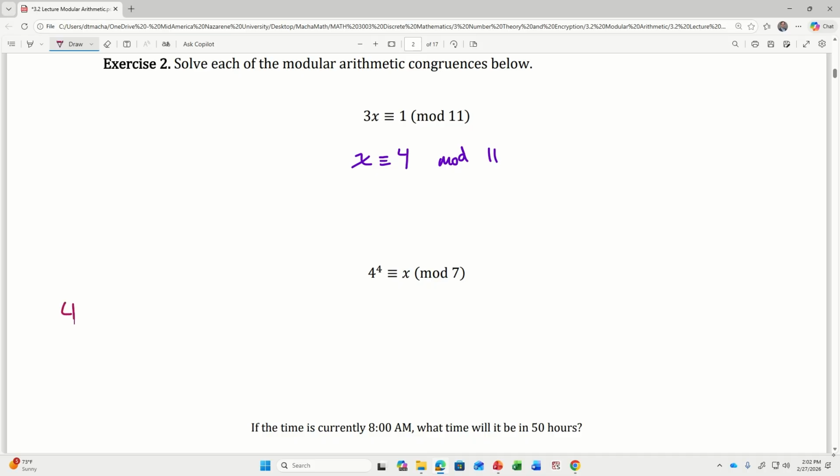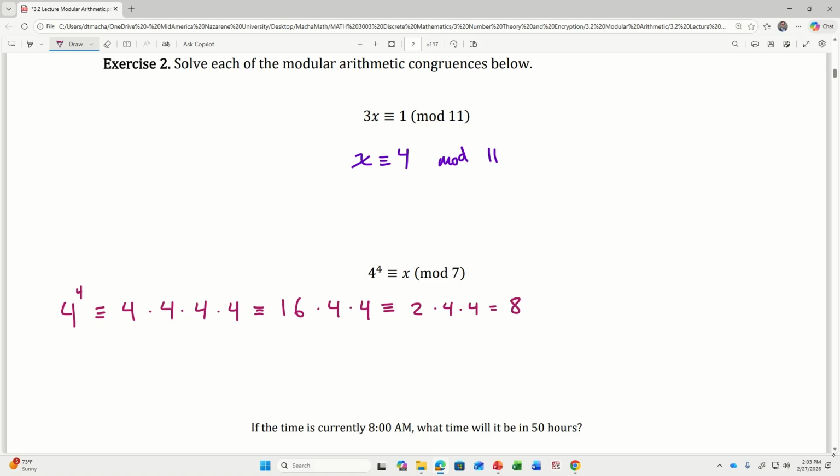Instead, I would think of 4 to the power 4 as being 4 times 4 times 4 times 4, right? You take the mod of each of those, because I only care about what's congruent. So this is 16 times 4 times 4. But what's 16 mod 7? 2.